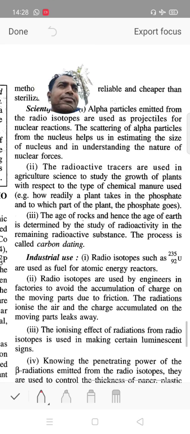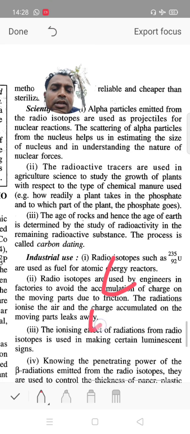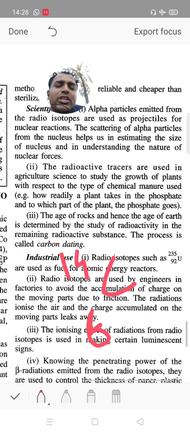Carbon dating. C-14. These radioisotopes are used to determine the age of rocks, the age of the earth, fossil fuels, fossils and their study.